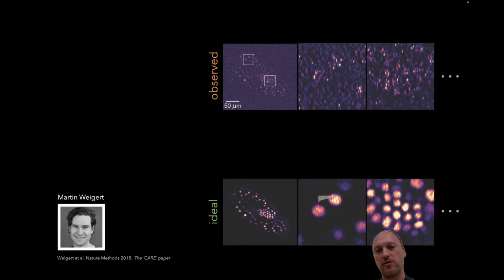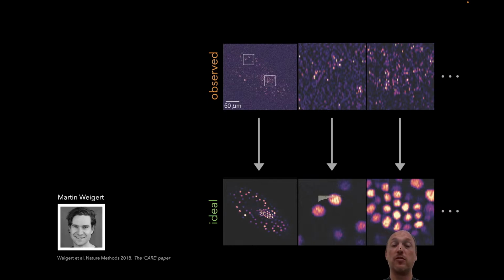When you look at this extreme case of going all the way to very data-intensive approaches, I think the CARE paper from Martin Weigert is a great example, right? Where you use pairs of images, observed and ideal, and then you basically train a neural network to learn from that, and to basically transform the observations into what you ideally want to see.